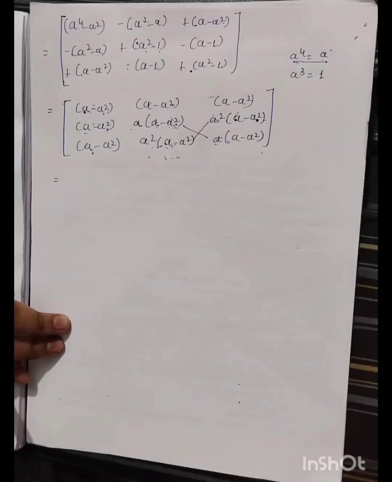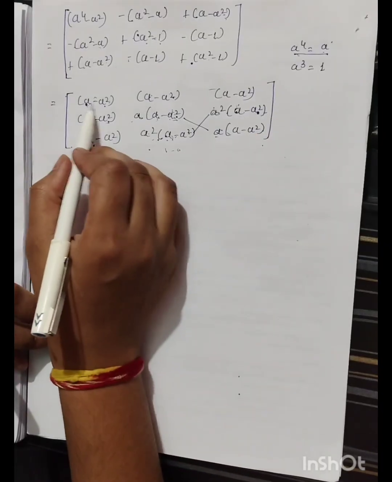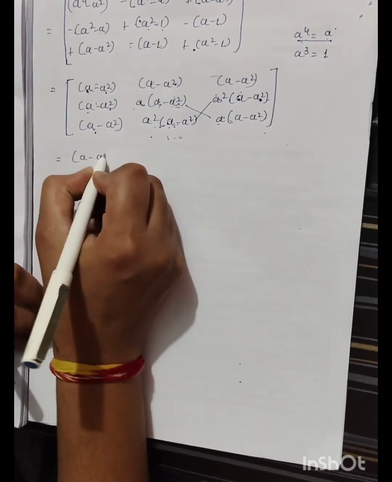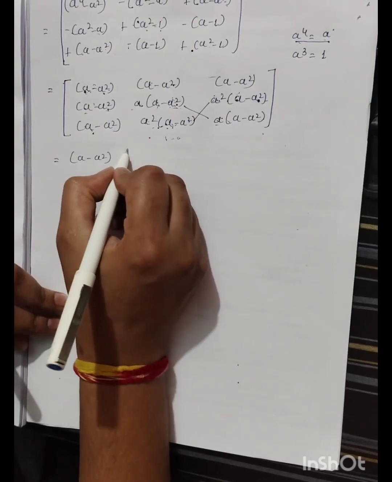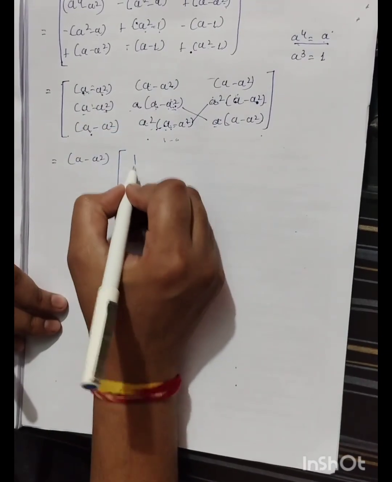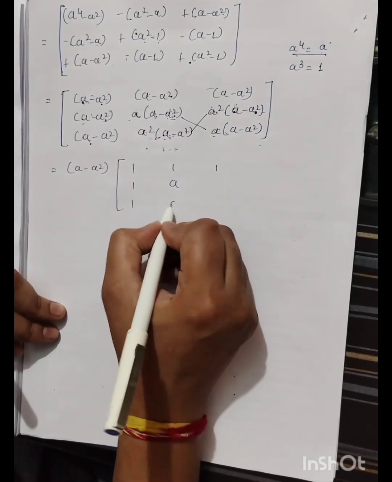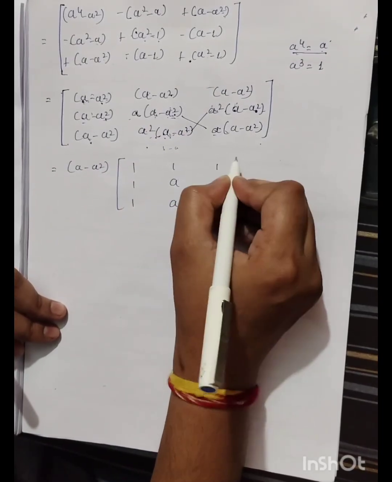Now what we are observing here is that a minus a square is there in all the terms. So take a minus a square as a common. Then what is left? Here 1 1 1, write it as is. Here also 1 1. Here a square, a.